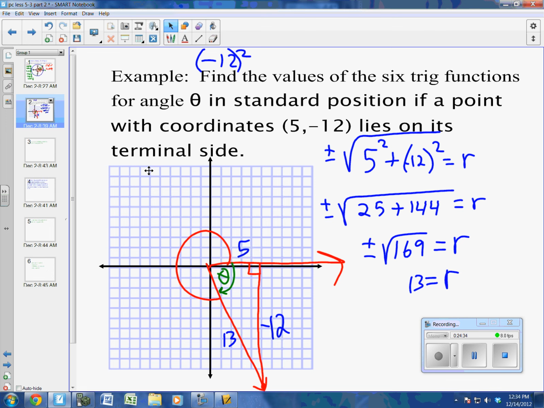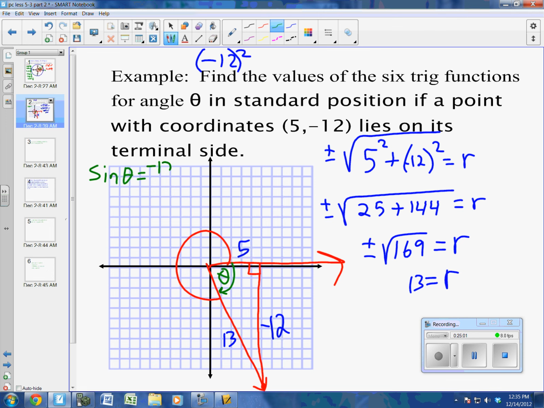All right, so now we're ready to name the 6 trig functions of this. So I'm going to call on some of you guys to see if we can get this. I'm going to call on Dylan. You got number 1, the sine of theta. What is the sine of theta? That is correct.